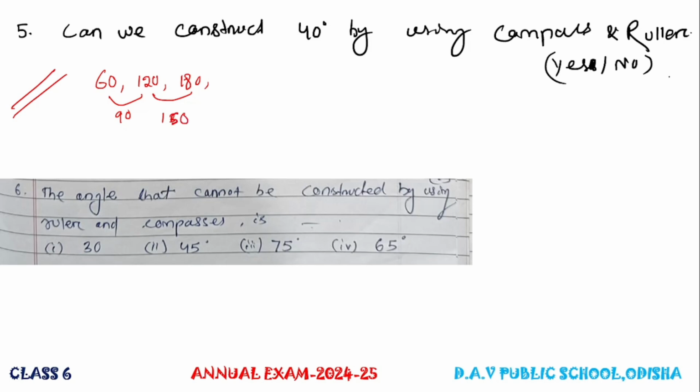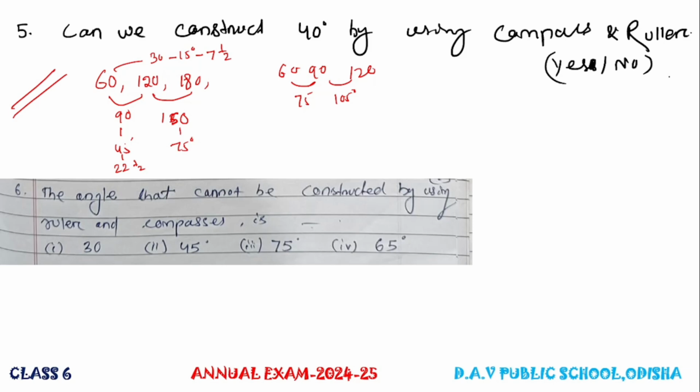When you bisect 90, we get 45, then bisect 45, we get 22 and a half. Also you get 75 from bisecting 60 and 90, and bisecting 90 and 120 we get 105. Also remember 60 half is 30, 30 half is 15, 15 half is 7 and a half. These angles we can draw by using compass and ruler.